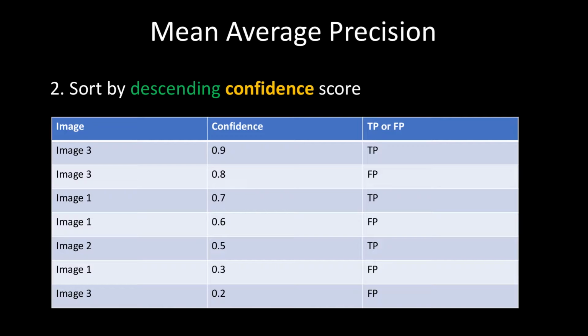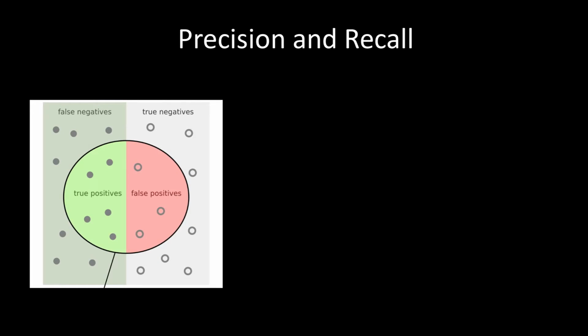For the next step in mean average precision, we first have to understand 2 very important metrics, which are precision and recall. So, just a summarization so far, we've looked at true positives and false positives. True positives are the bounding box predictions that share an IOU greater than 0.5 with a target bounding box, and the false positives are those that don't.